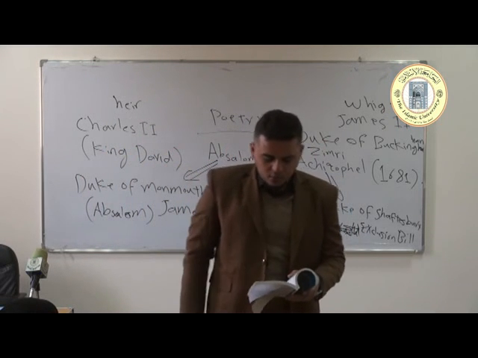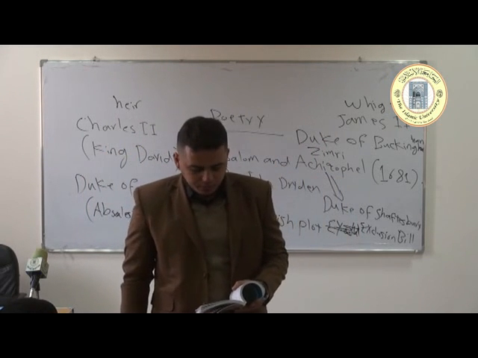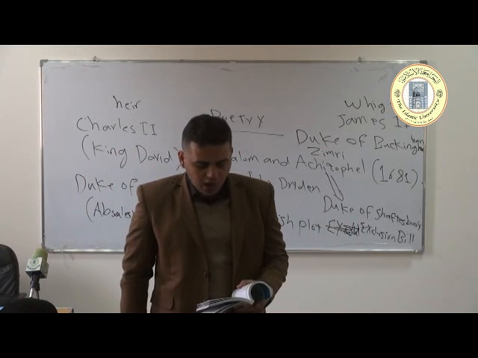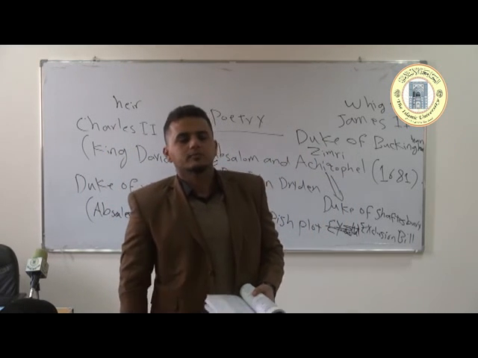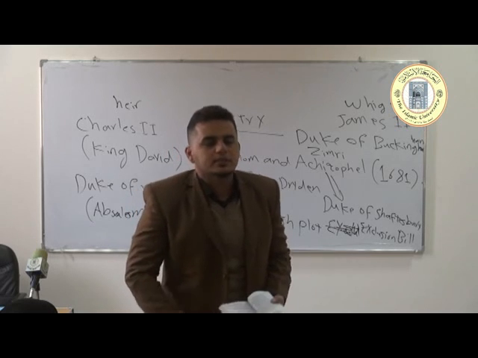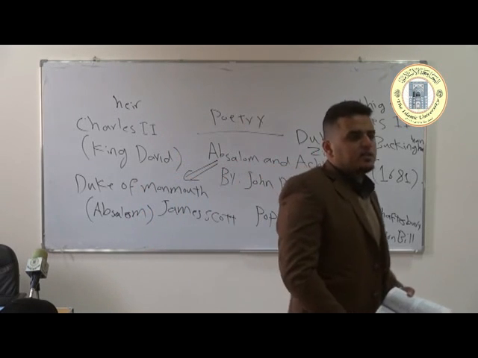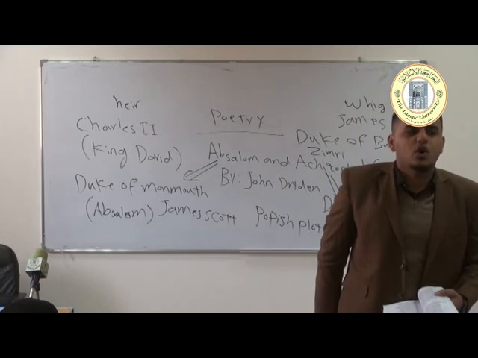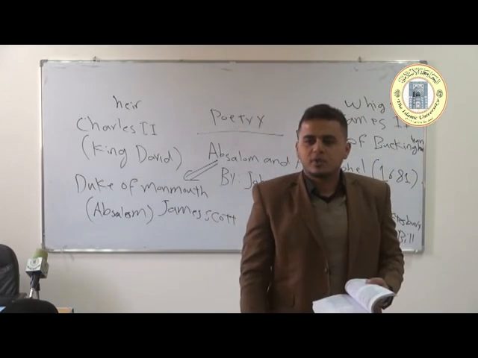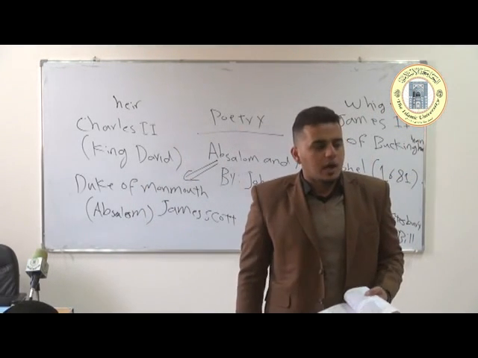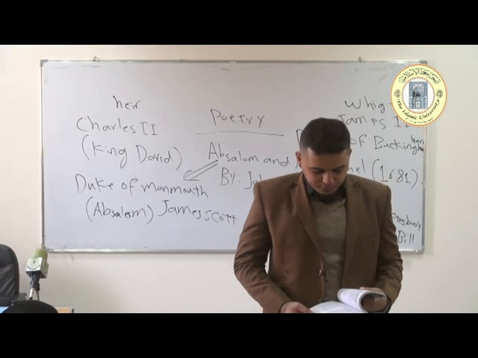For in spite of him, the weight of business fell on Absalom and Achitophel. The weight of business, or let's say the leadership, went to whom? To Duke of Monmouth and Duke of Shaftesbury.